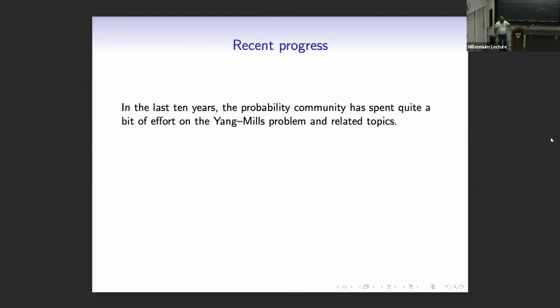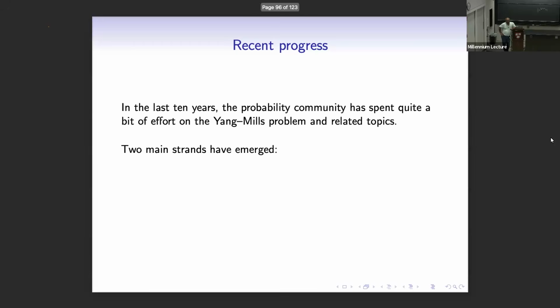Okay, so just to wrap up, some recent progress that has happened in the last 10 years. The probability community, so Bałaban did these in the 80s, and there was some work in the early 90s, but then things kind of quietened down until the mid-2010s, when the probability community started thinking about this problem and also other problems from quantum field theory.